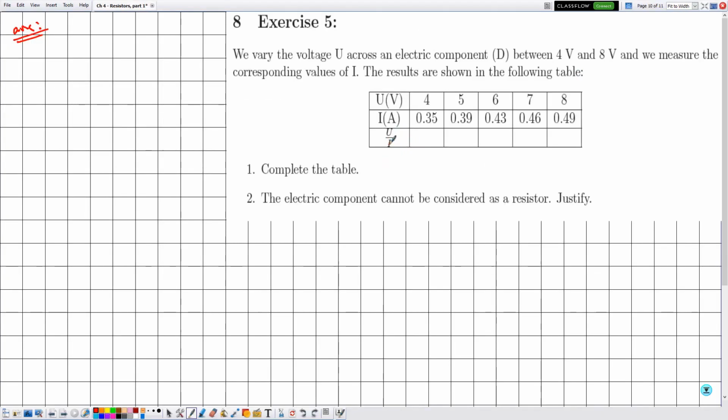Now dividing U by I, 4 divided by 0.35, plugging this on the calculator will give us 11.43. So here we have 11.43. Now 5 divided by 0.39 will give us 12.82.